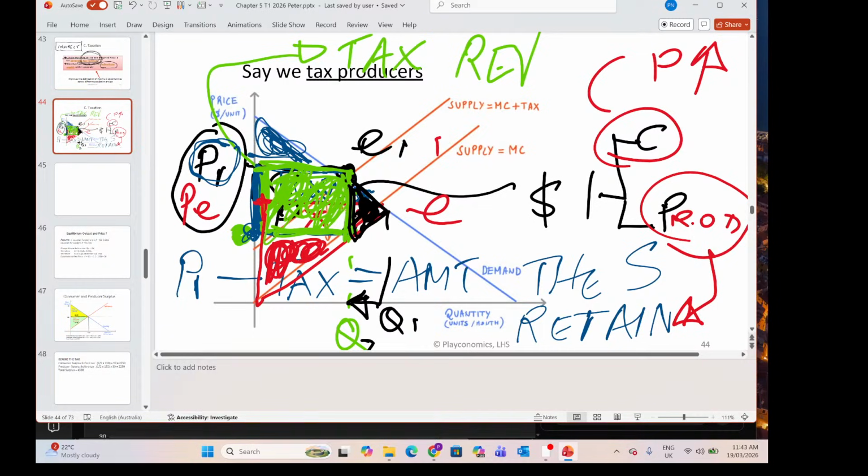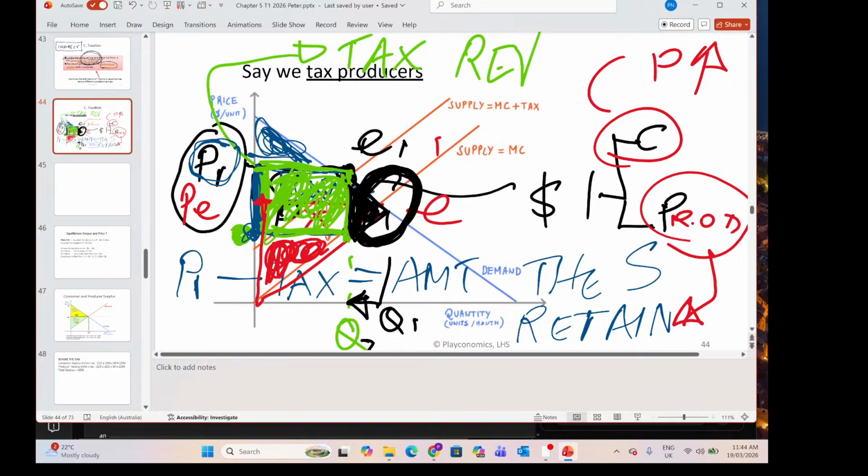And although the green area has been redistributed to government, the black area that I'm circling has been taken from consumers, taken from producers, but not given to anybody else. So there is a difference between the green rectangle, which was taken from the other two groups but at least distributed to government, whereas the black triangle was distributed to nobody, and that is why we refer to this as a deadweight loss.